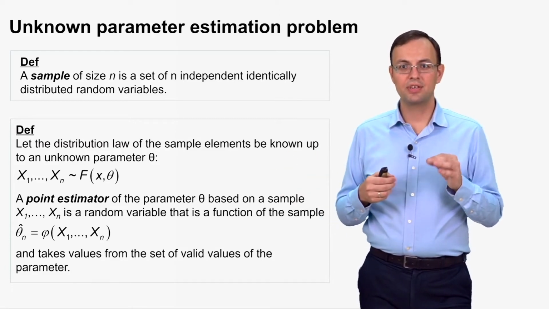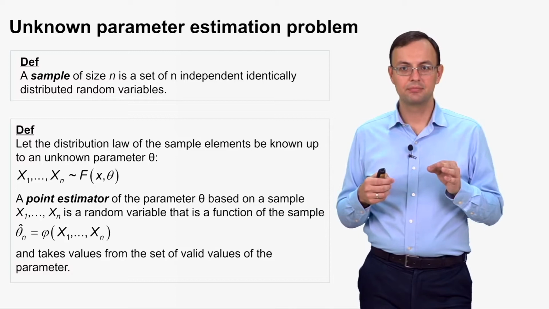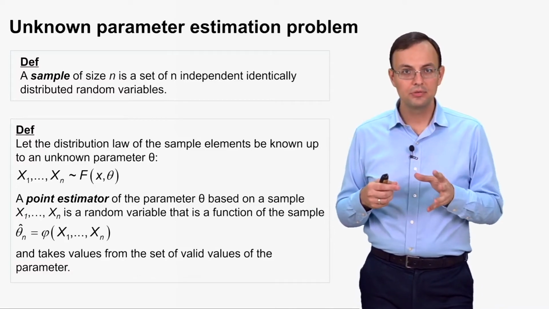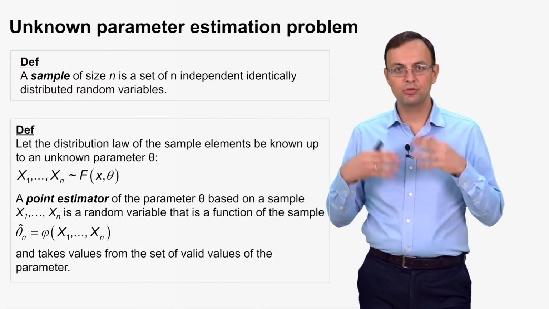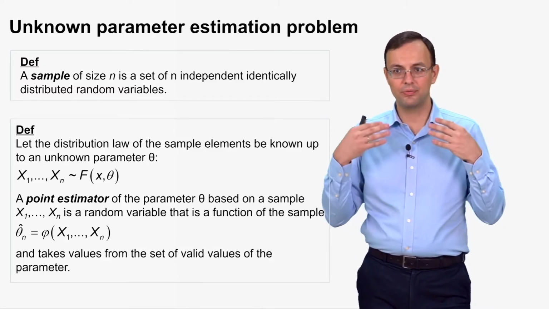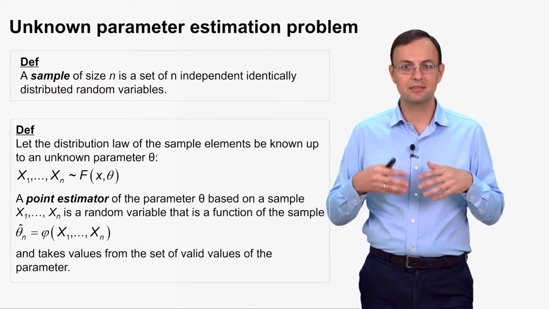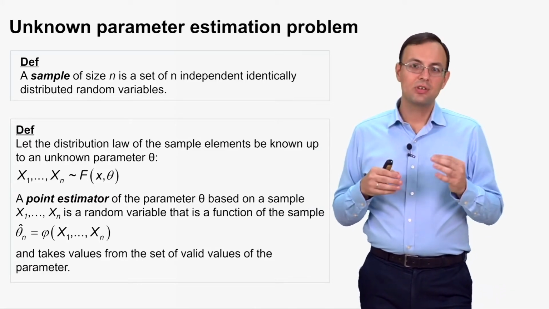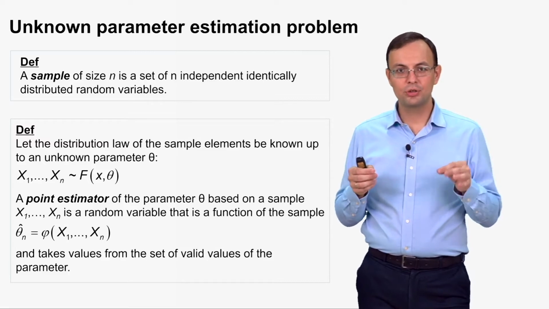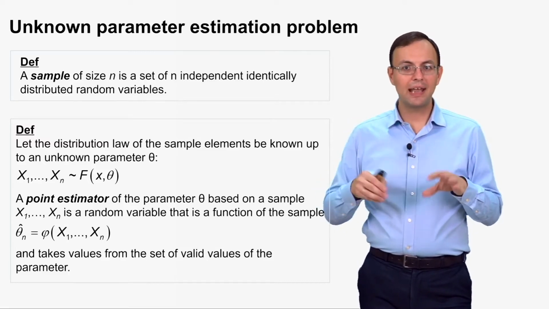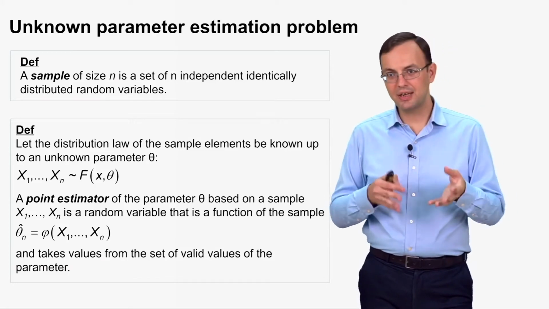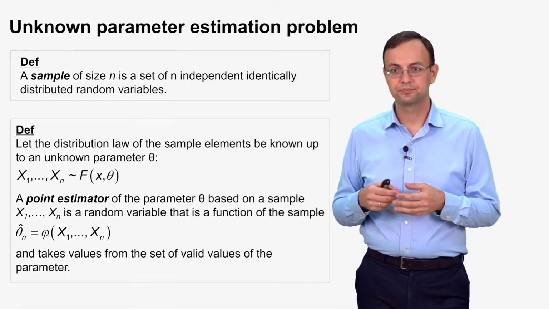So there is a parameter theta, and this theta is unknown, but in general the distribution law of the observations of the sample is known. For example, we can say that observations follow a normal distribution with parameters 0 and theta. So one parameter is given and the other one is unknown.